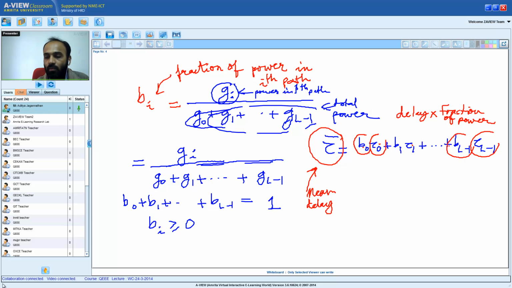Which is also nothing but summation Bi tau i, and remember each Bi is Gi by summation Gi.